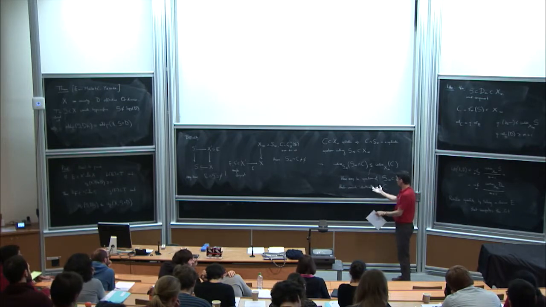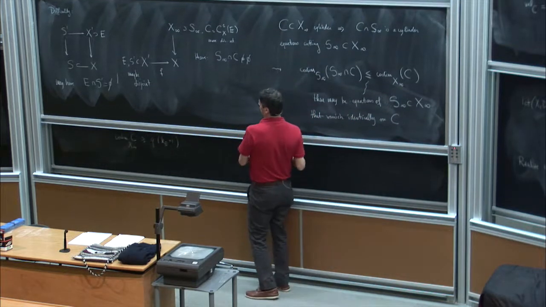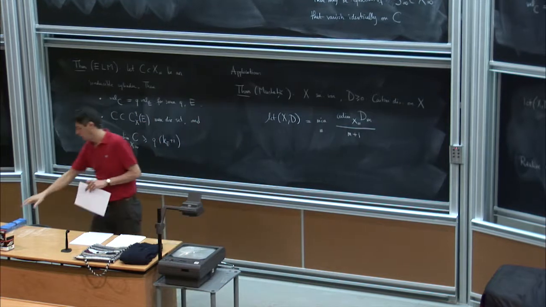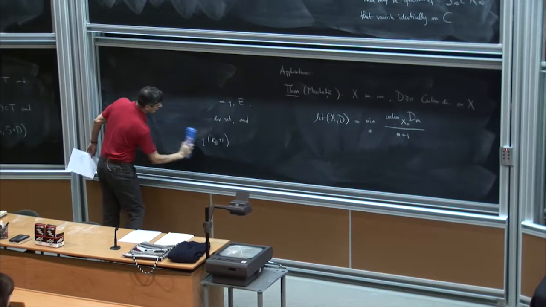But in general, some of these equations might vanish identically, and therefore I only get an inequality. So what we need to do is simply to estimate the number of such equations.